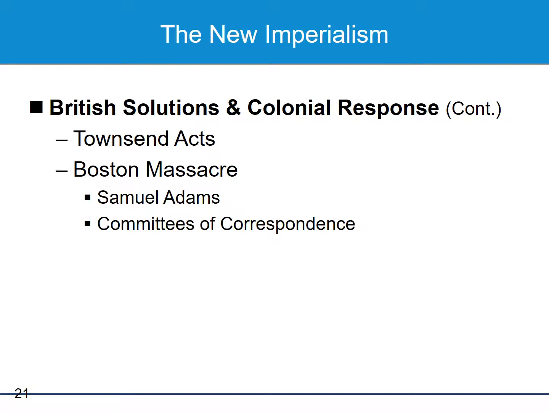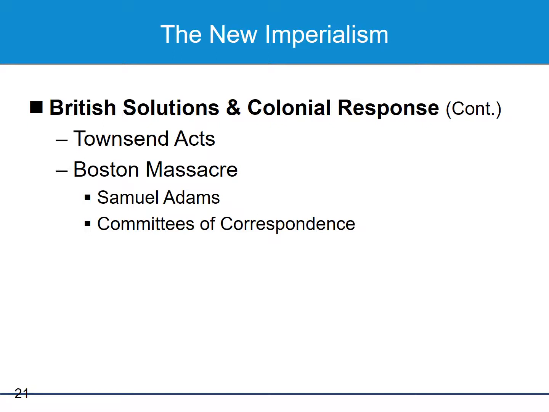And sometimes when you get a crowd, that crowd can get a little rowdy. And so during this protest, some of the people in the crowd started saying ugly things to the soldiers, and somebody started kind of pushing, and the soldiers began to feel a little intimidated. Eventually someone threw a snowball, and then some rocks were thrown, and things started really to escalate and get a little out of hand.